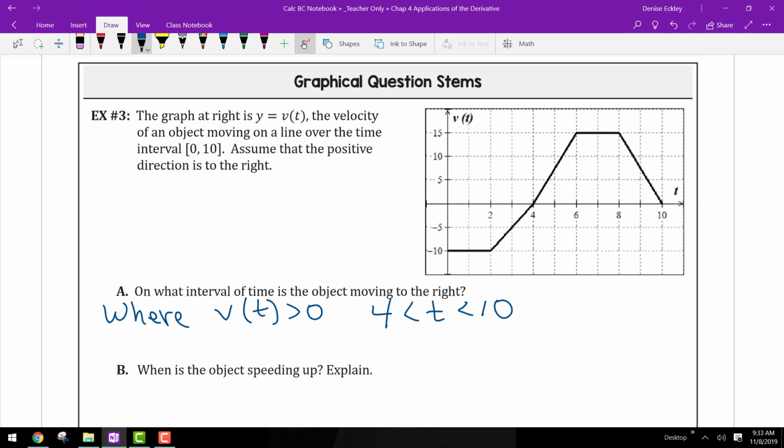Part B says, when is the object speeding up? So we want the object speeding up when v of t is, not specifically greater than 0, but when v of t and v prime of t have the same sign.